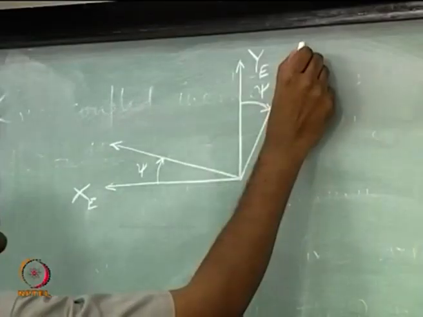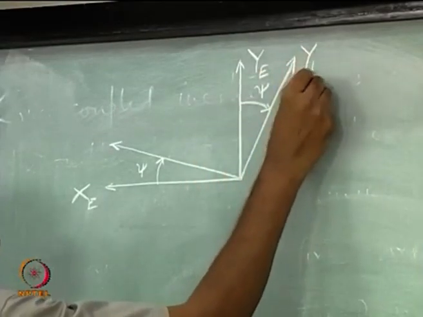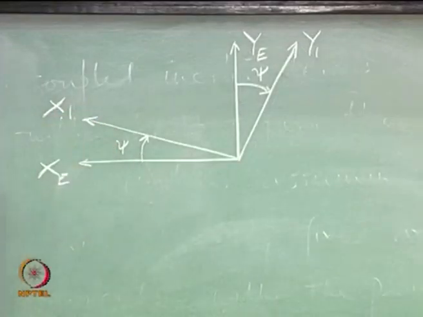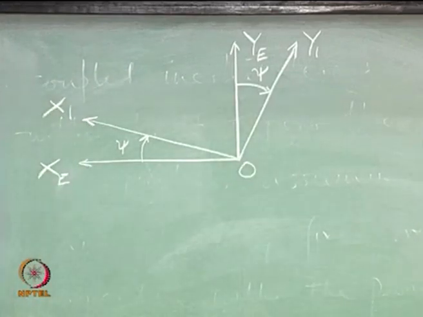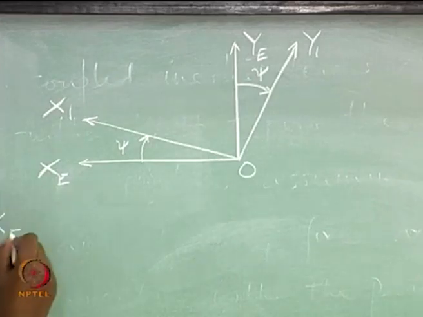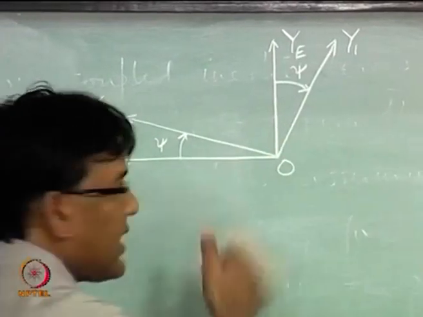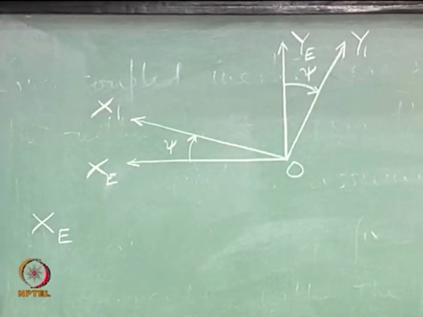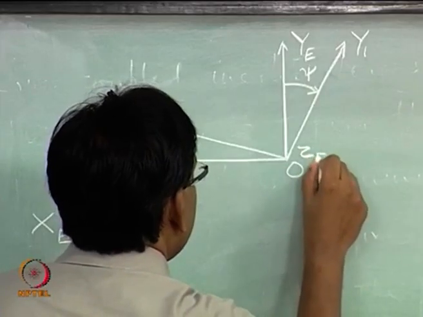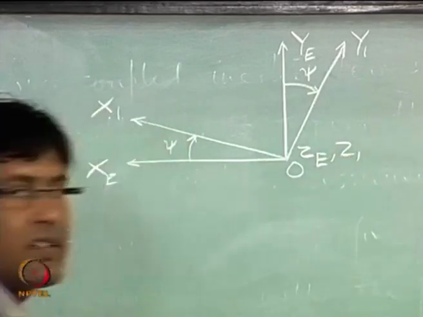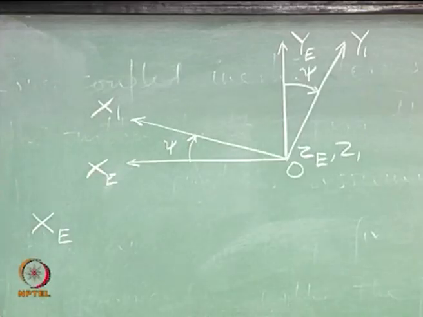I will call this y1 and x1, and this rotation is about the z axis. So, z axis is into the board and coinciding, right. Z E and Z1 both are same.